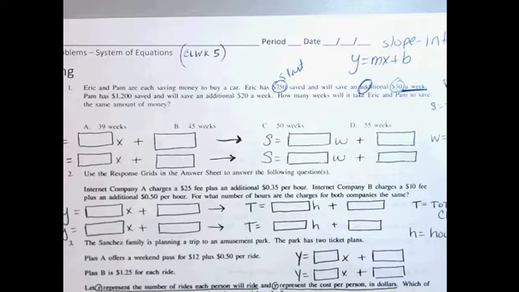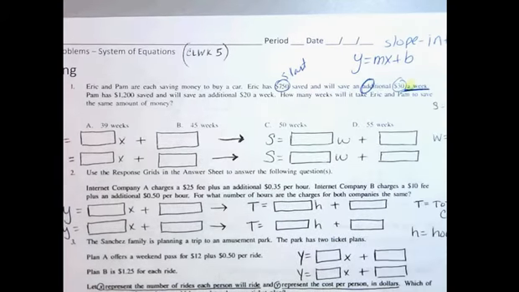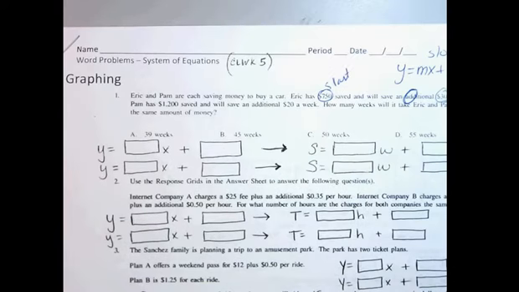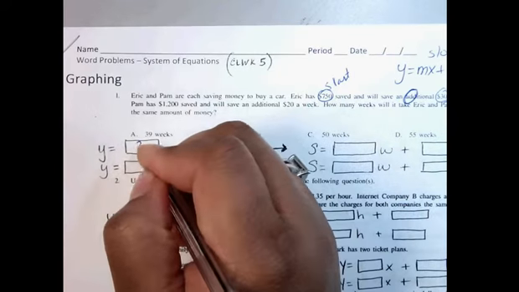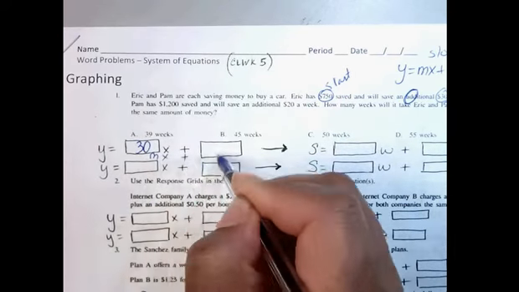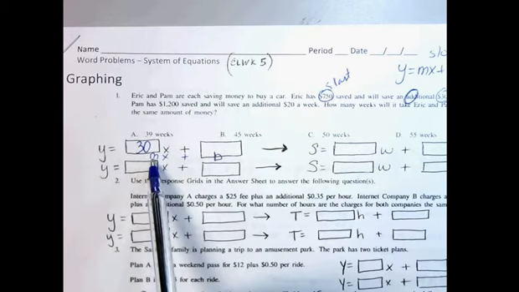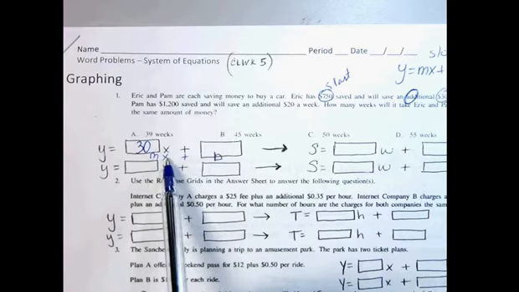M is always the number next to a, per, or each. And in this sentence, I see 30 next to a. Therefore, 30 will be m. So I write it in the m spot, because mx plus b tells me m goes next to x.